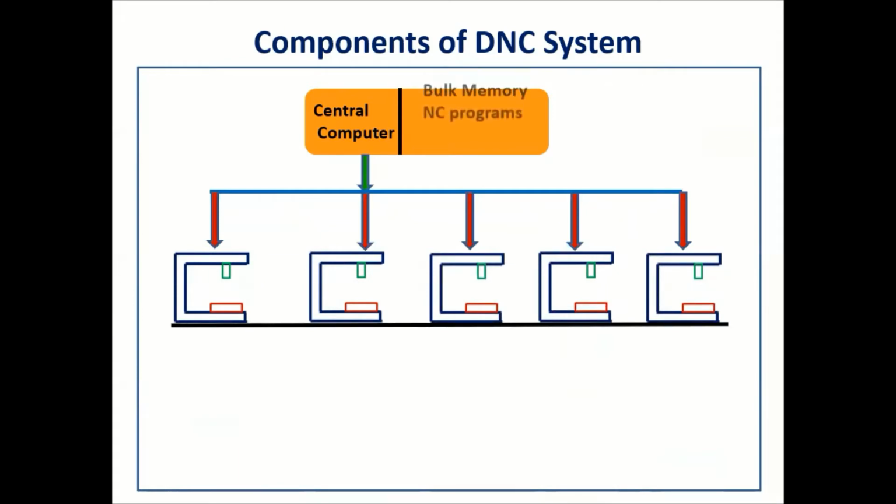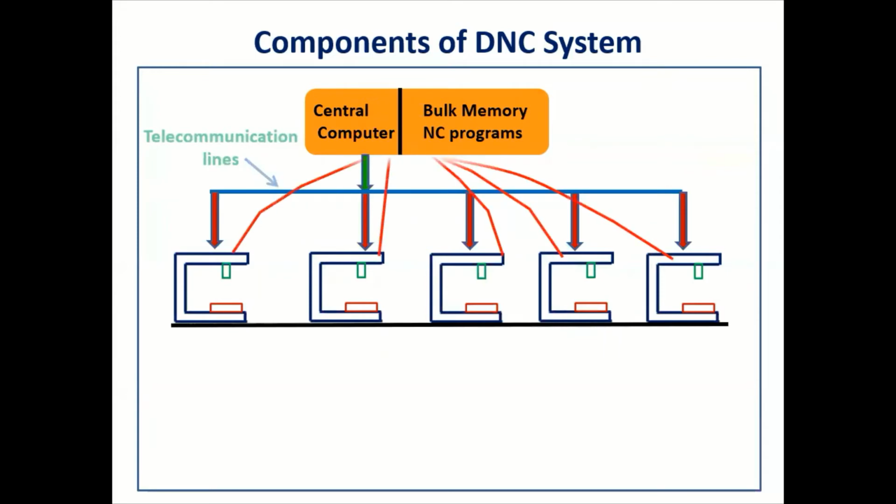For that we require a bulk memory in the central computer, and the part programs of all the machine tools are stored in this bulk memory and transmitted on the direct transmission line as per the demand. So that's why there is two-way communication.